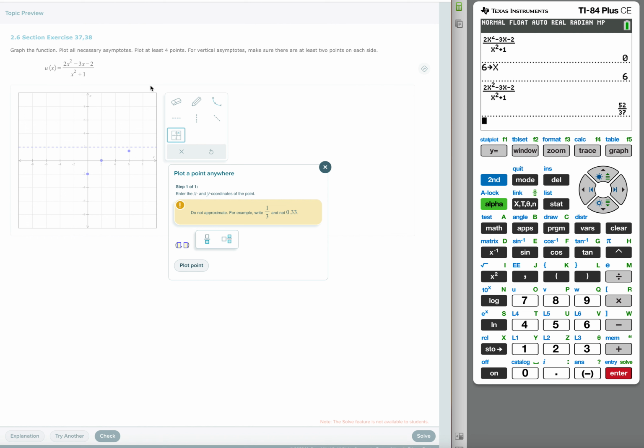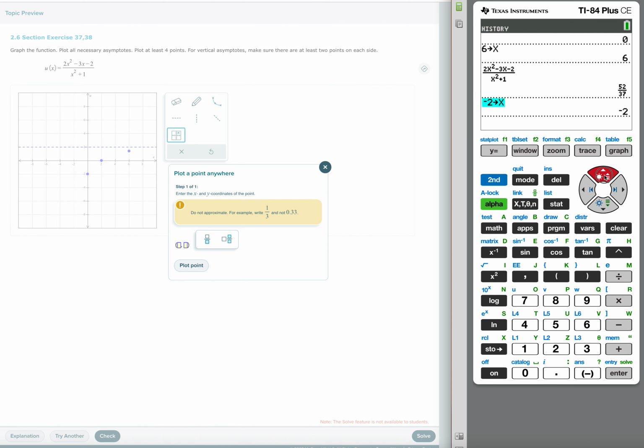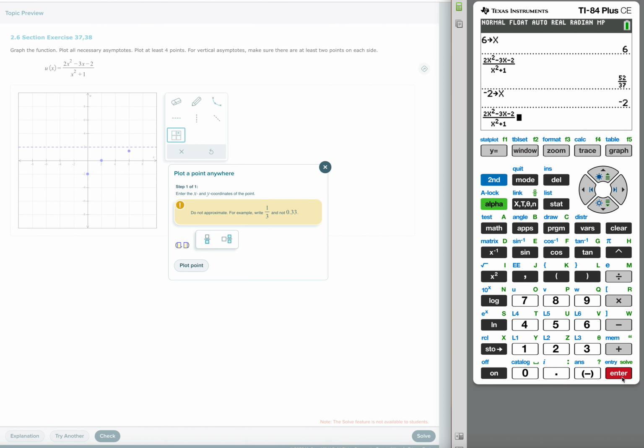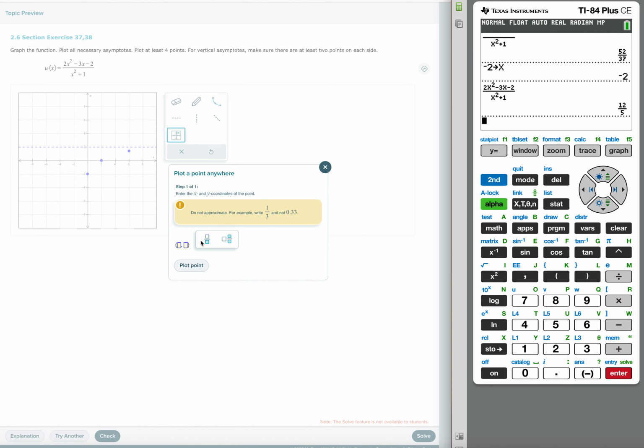Okay, we already have 3 points, and they say at least 4, but let's put 2 over here. How about x equals -2 and maybe x equals -8? Let's start with -2. And we get 12 over 5. So -2, and we have 12/5.